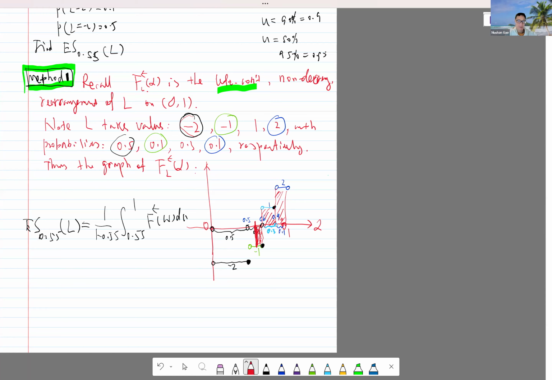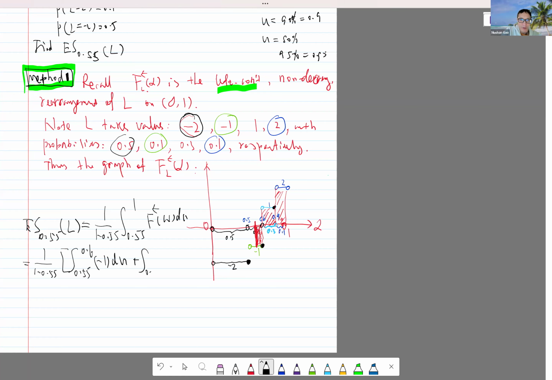Integral means area. You can do integrals, so let's do integrals. It will be 1 over 1 minus 0.55 times the integral, and there are 3 pieces. Integrate from 0.55 to 0.6, where the value of the function is -1, du.